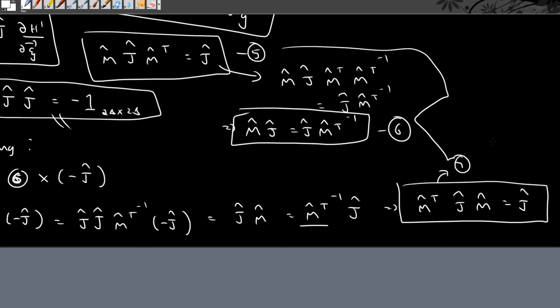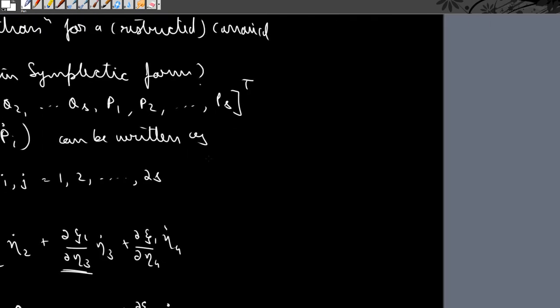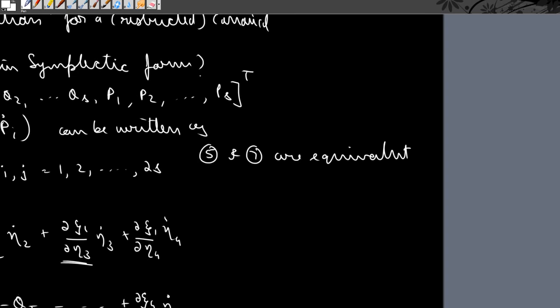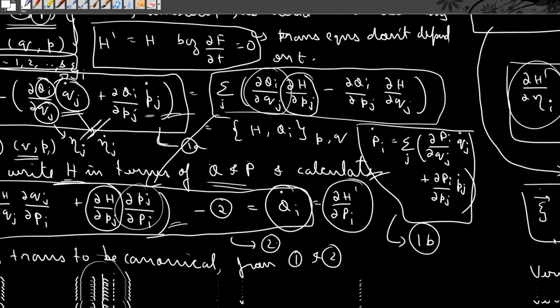So 5 and 7 are equivalent equations, or the same equations, so let me write that down. 5 and 7 are equivalent, and this relation must be followed in order for the given transformation to be canonical, and this in fact is the matrix form of the condition 4 that we derived.